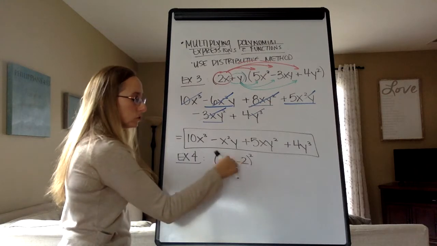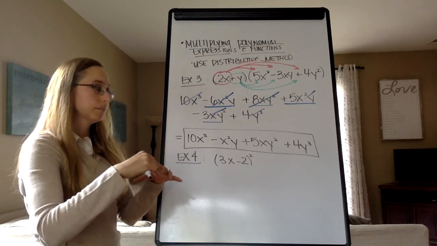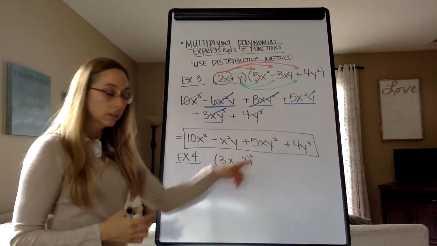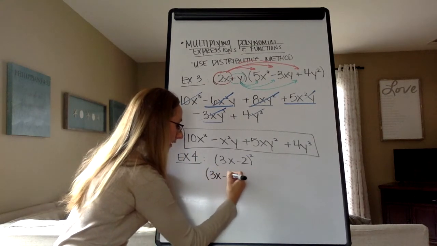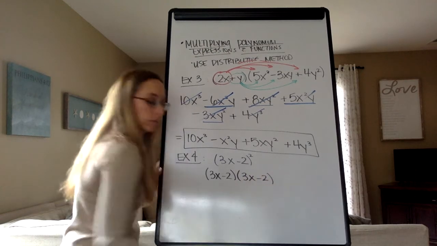So 3x minus 2 squared. The squaring concept is taking the value and multiplying it by itself 2 times. So 3x minus 2 squared is 3x minus 2 times 3x minus 2.